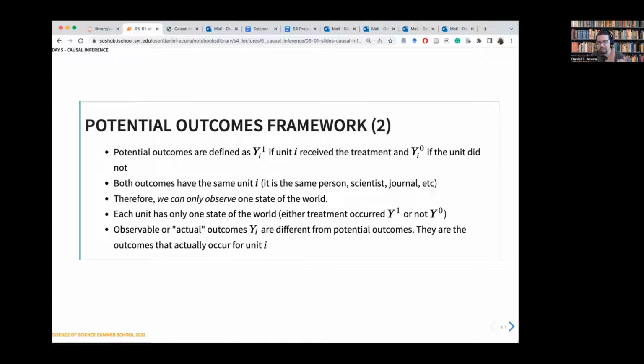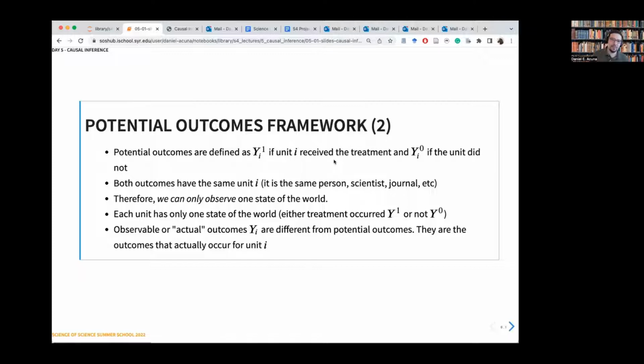The treatment is 1, moving into a new institution, and 0 will be not moving to a new institution, just staying in the current institution. And that's my personal case. Okay, so this simplifies things. We have a variable that is binary and want to see how it affects the outcome.